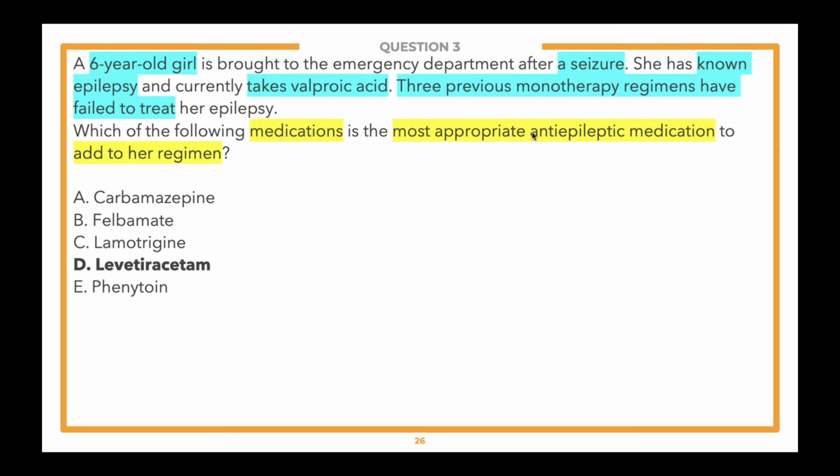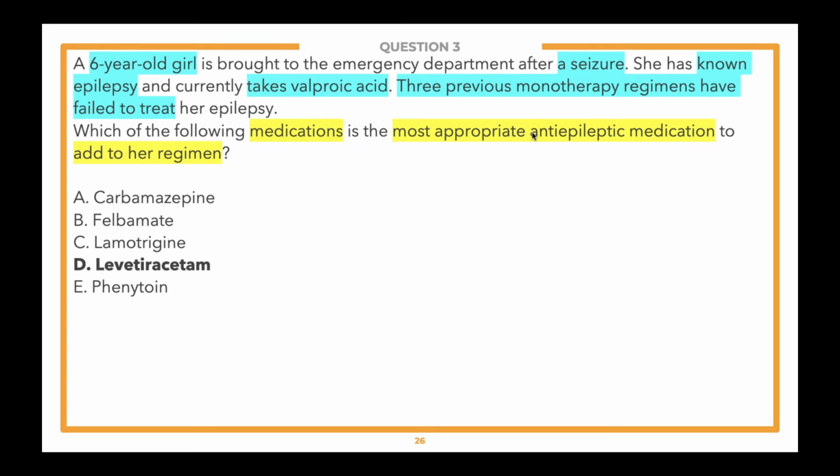Thank you, Sean. So let's take a look at what's going on with this question, okay? Nice job picking up on this, but this patient has been having some difficulty getting control of her epilepsy, okay? And she is currently on valproic acid, okay? Now, one of the key things here is picking up that this lead-in is asking us about a medication to add, okay?